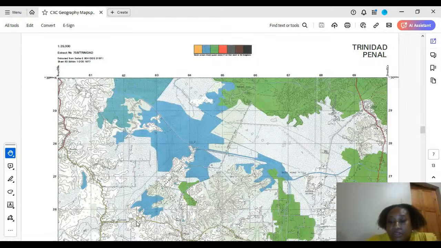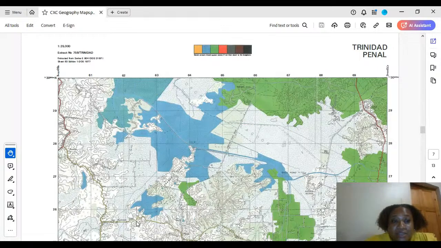You look for the type of drainage pattern. Sometimes on maps you have more than one type of drainage pattern. You can have two drainage patterns sometimes on a map. You might see radial and you might see dendritic. So definitely look at the drainage pattern.